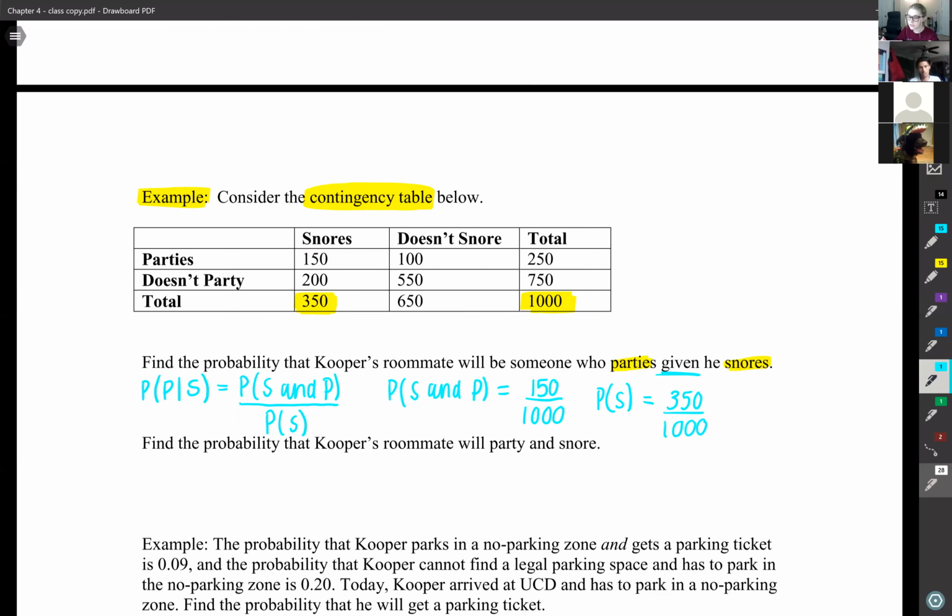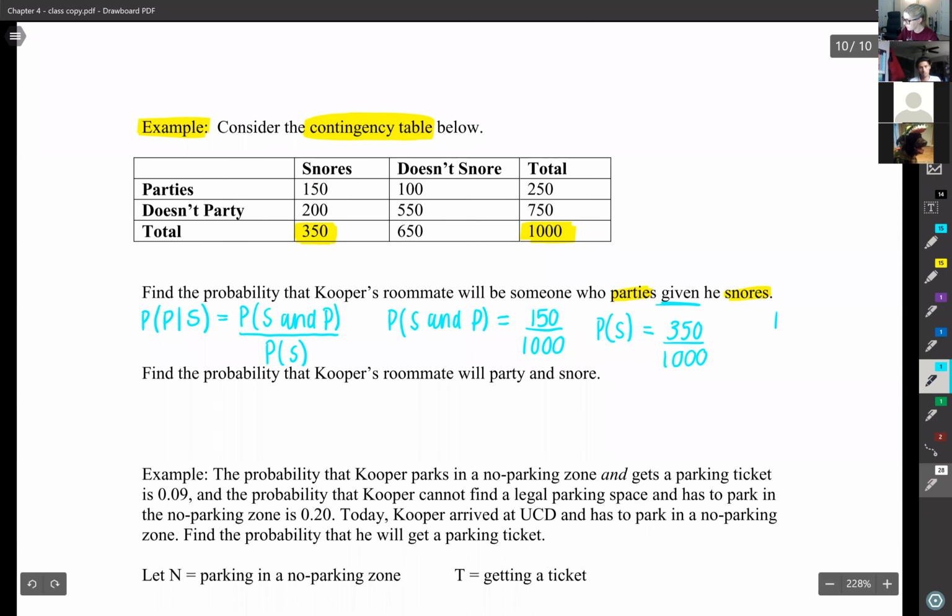All right, now I just have to plug these into my formula. So this is 150 over 1,000 divided by 350 over 1,000.